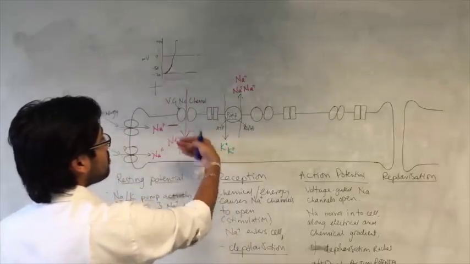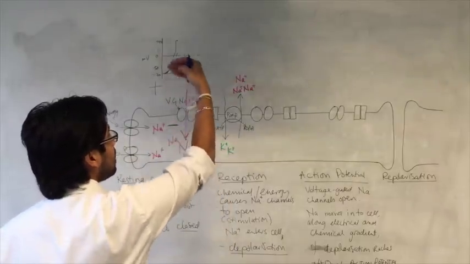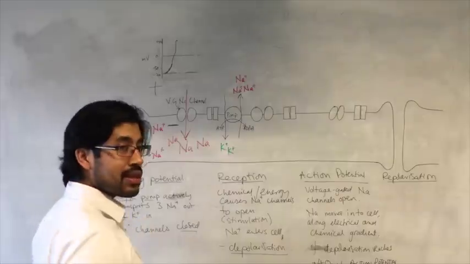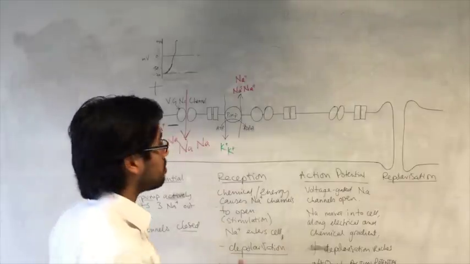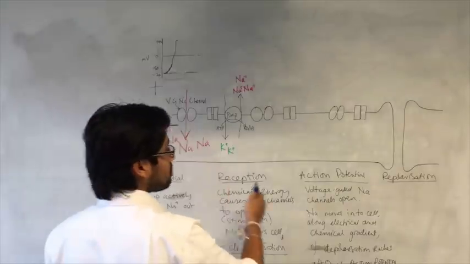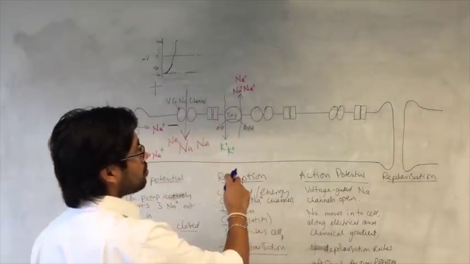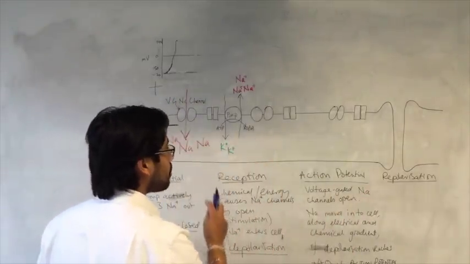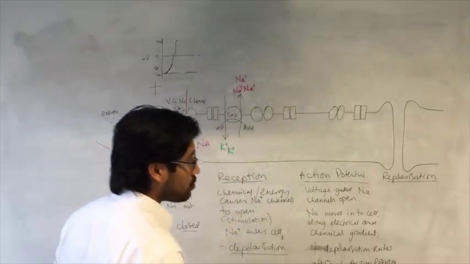It's very positive inside and it's very negative outside. So you can think of it as two reasons for potassium to leave the cell. Now that those potassium channels are open, potassium ions will move out of the cell.